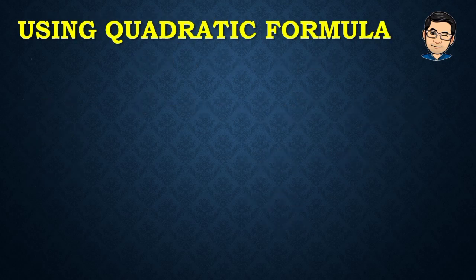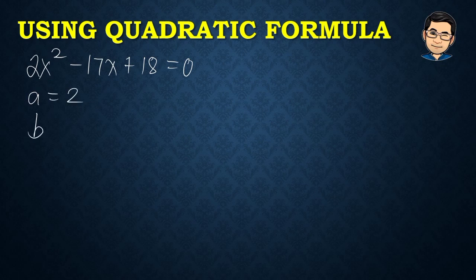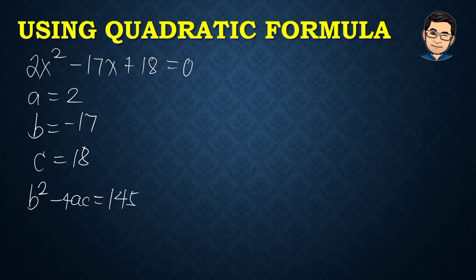So, to check, we rewrite the given equation and then identify the values of a, b, and c. And then, at the same time, yung discriminant natin, ang sagot ay 145. And then, we apply quadratic formula.